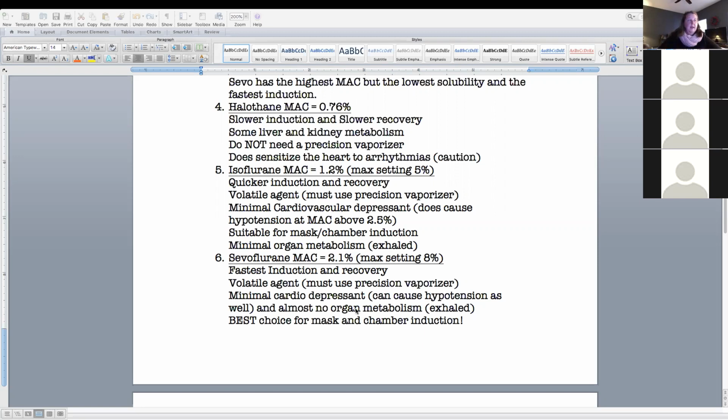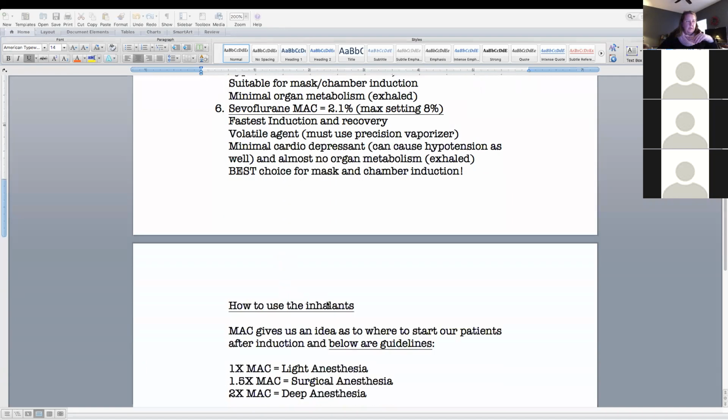Now again, it is the least potent because it has the highest MAC. But remember, speed does not equal potency, because this is the fastest induction, but the least potent. Halothane is the most potent, but the longest. So do you see what I mean? And that's understanding those properties about those agents.